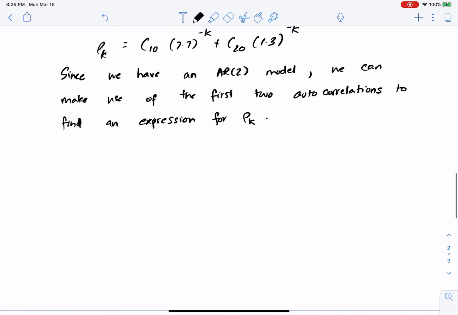How do we go about doing this? Well, we know that row 1 is phi1 plus row 1 phi2, and row 2 is row 1 phi1 plus phi2. And these are the standard Yule-Walker equations.